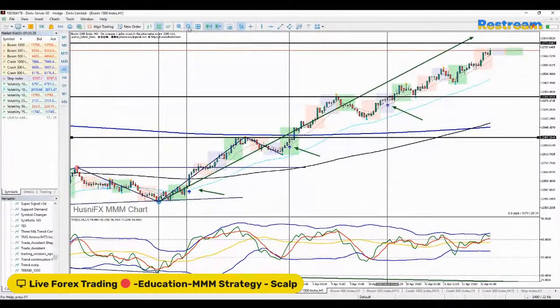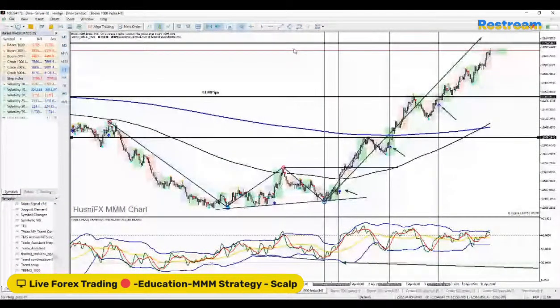But everywhere there is a correction, you can see why this market made and then exactly fell down over there to this zone and then moved, as you can see, up.